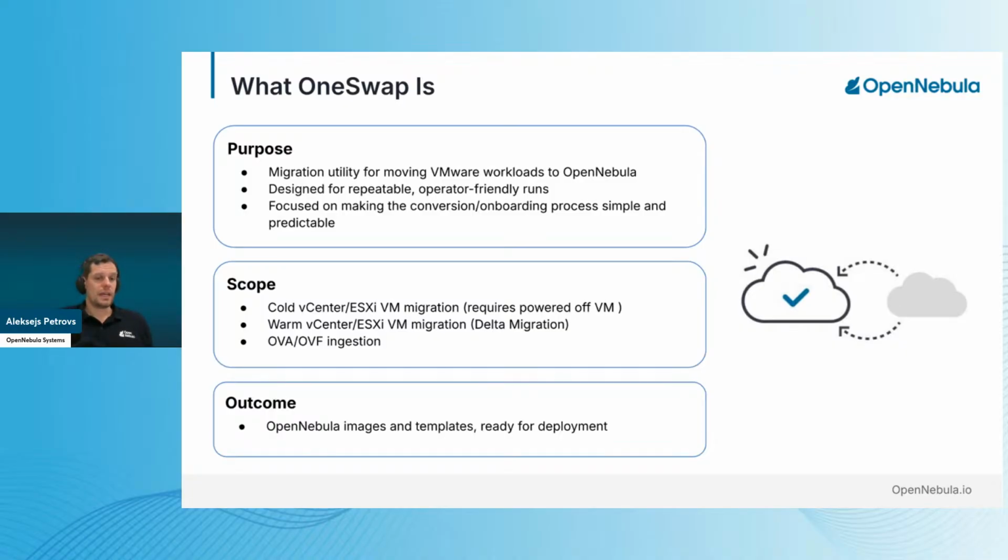And at the end of the day, even though VMware and OpenNebula were both running virtual machines, the philosophy is different, right? So what you will end up with is a functioning OpenNebula virtual machine template plus all the images that are part of this virtual machine.